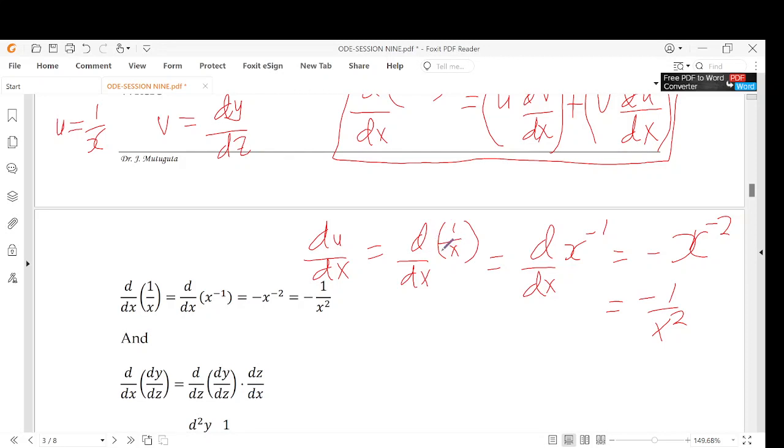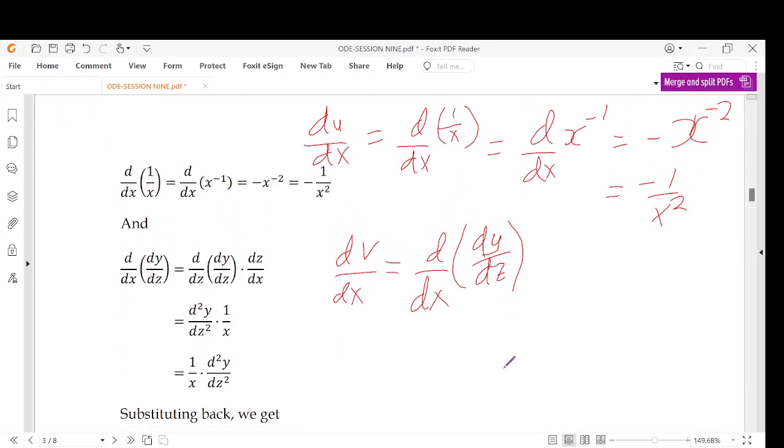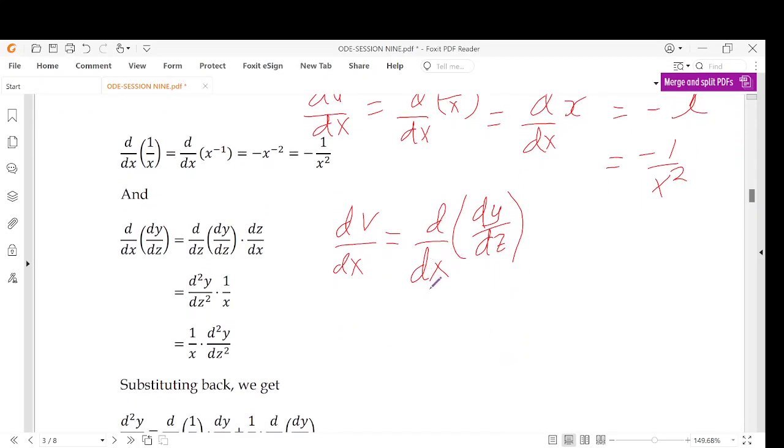Then the derivative of v, dv by dx, is the same as d by dx of dy by dz. Remember, v here is dy by dz, which is a function of z. A function of z cannot be differentiated directly with respect to x.